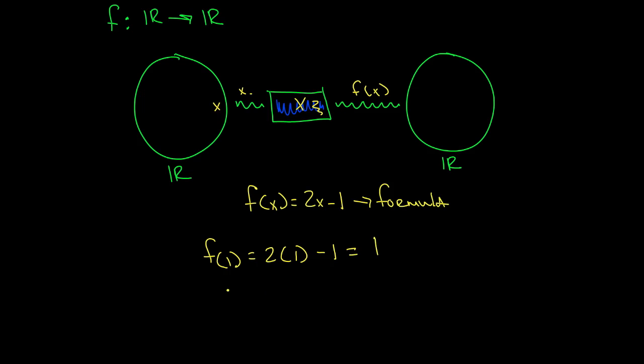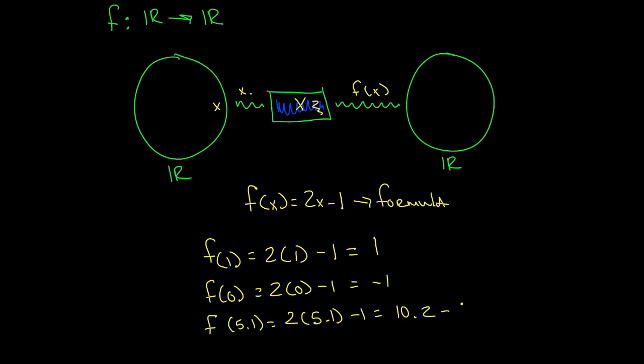If we plug in 0, f of 0 equals 2 times 0 minus 1, which is minus 1. And if we plug in a real number which is not an integer, like 5.1, we get 2 times 5.1 minus 1, which is 10.2 minus 1. Never good to do arithmetic in public, so I'm doing it like this, equals 9.2. And that's the whole idea of the function.